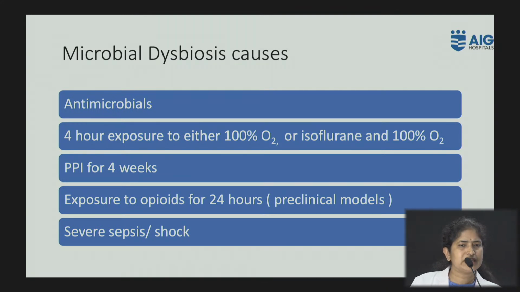And last but not the least, even in patients with severe sepsis and shock, where there is decreased intestinal perfusion, it is shown to increase mucosal inflammation, thereby impairing the barrier defenses. That is also shown to alter the gut microbiome, which is leading to microbial dysbiosis. So as you see, most of them are related to our perioperative period mechanisms in one way or the other.